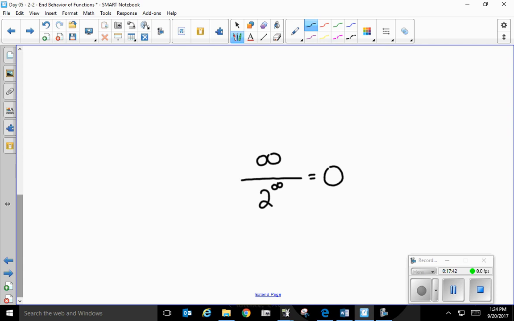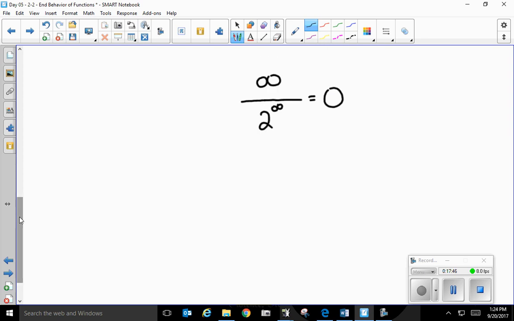If I plug in 1 for infinity, I have 1 over 2 to the 1, which is 1 half. Let's plug in a 2 for infinity. I got 2 over 2 squared, that's 2 over 4, which is 1 half, right? Let's plug in a 3. 3 over 2 cubed. That's 3 over 8.